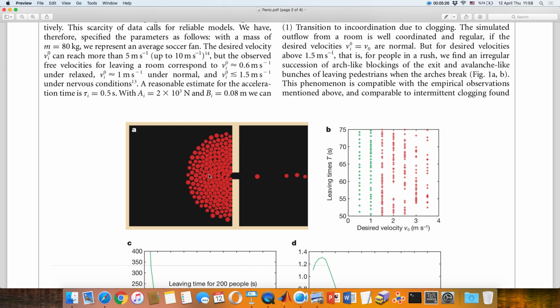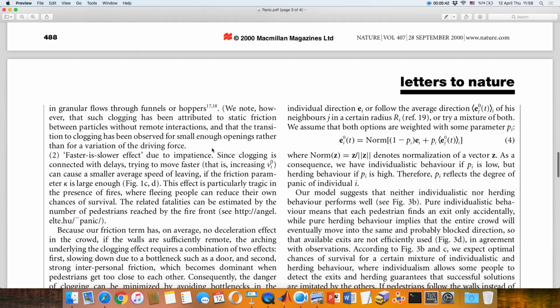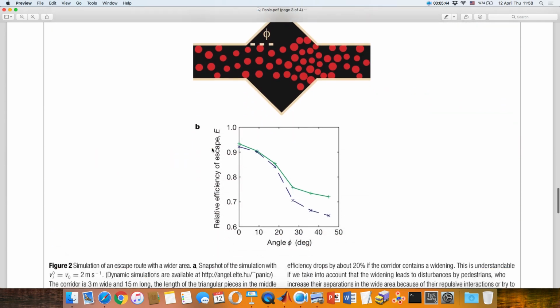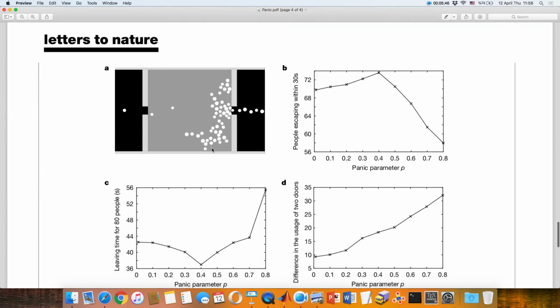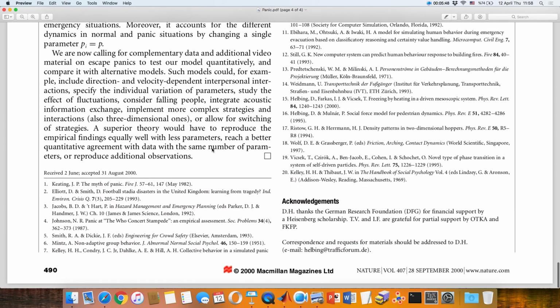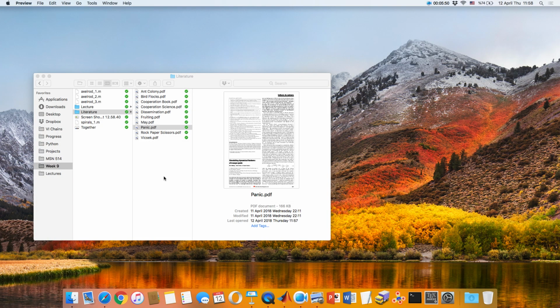And as far as I remember, putting some obstacles in front of the exit actually helps. But just check it out, okay? It's out there. You can publish in Nature with such things, and it's good. What else? Are you following, or am I going too fast?